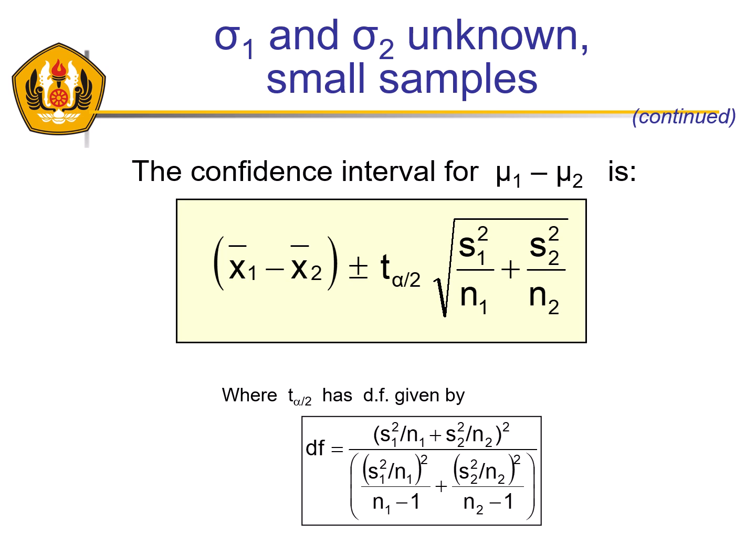This is a little bit different from the case when sigma 1 and sigma 2 are unknown and the variances are assumed to be equal. In this type of confidence interval, s1 squared and s2 squared are stated and computed differently.